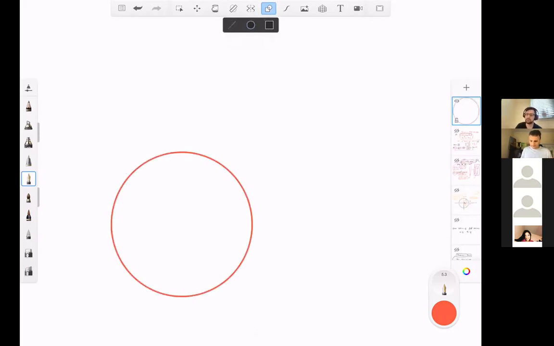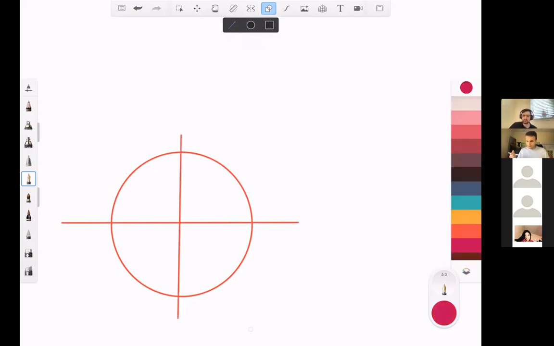Unit circle means the center, the origin, is 0, 0, with x and y.